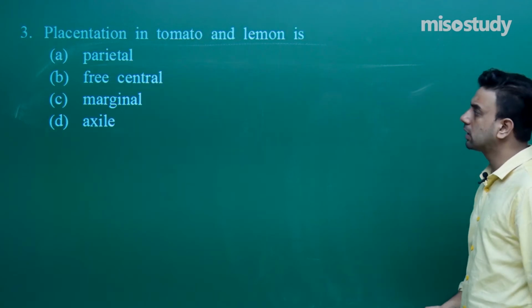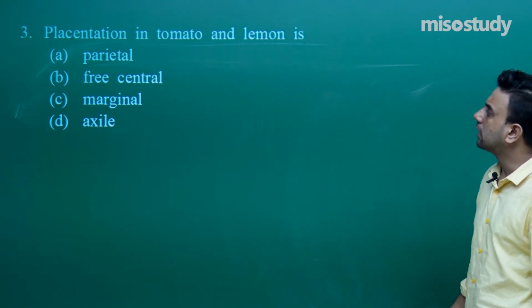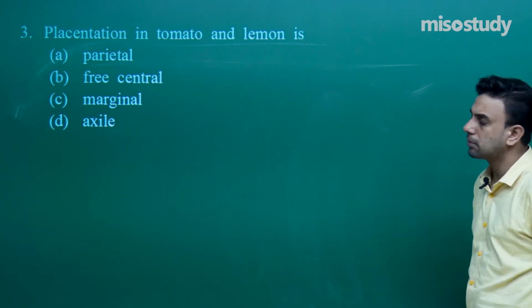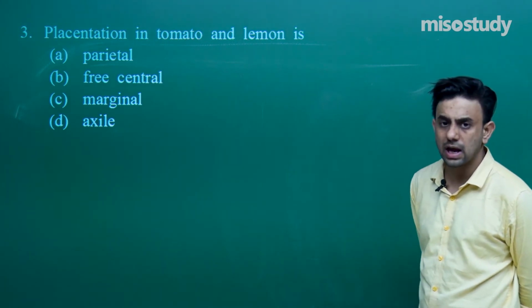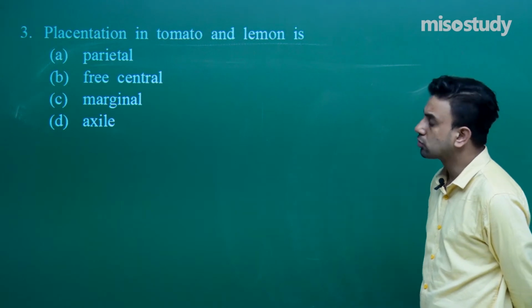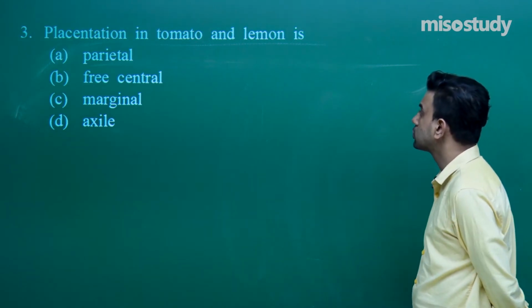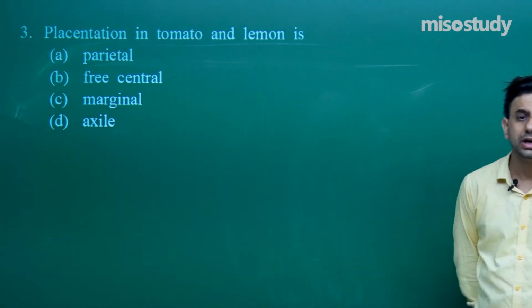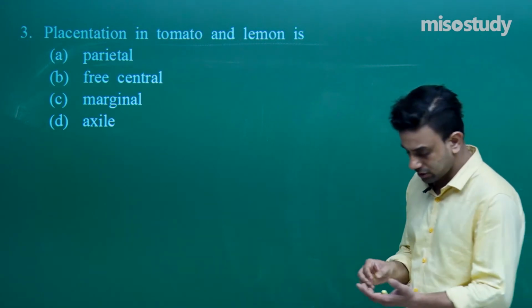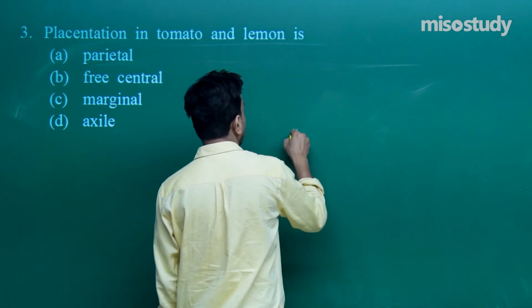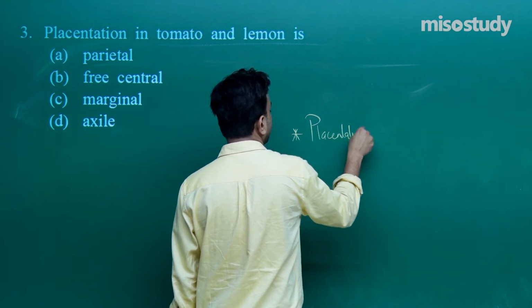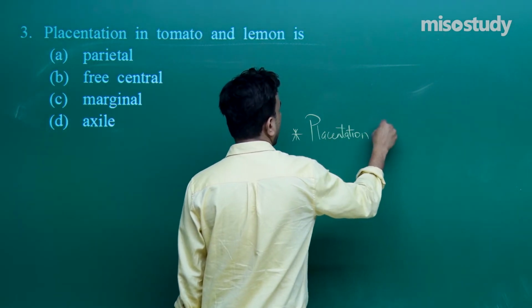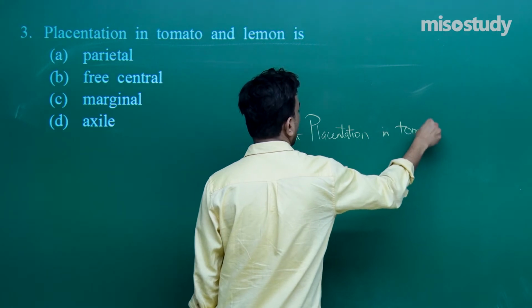We'll now talk of the third one, the placentation in tomato and lemon. Is it parietal, free central, marginal or axile? Placentation in tomato, lemon and oranges, what we see is axile placentation.